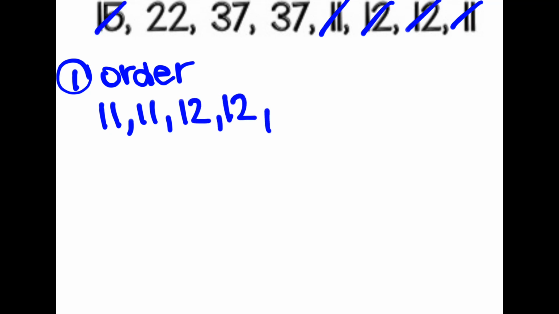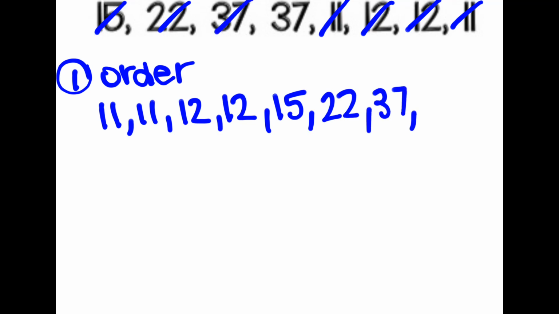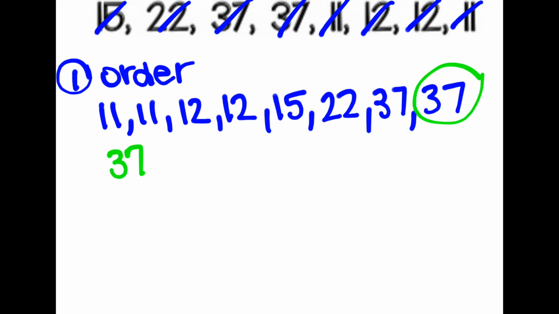As you see, I'm crossing them off as I write them. 22, 37, 37. I circle the greatest value, which is 37.